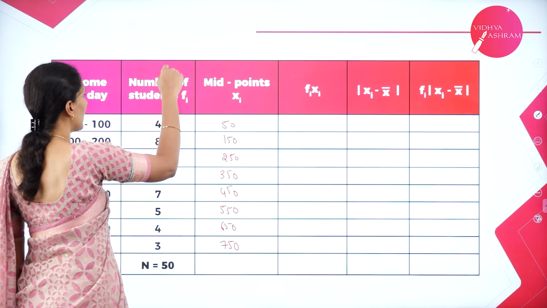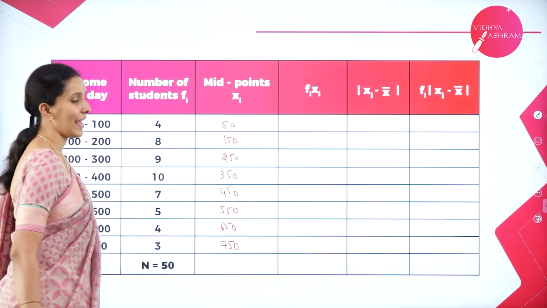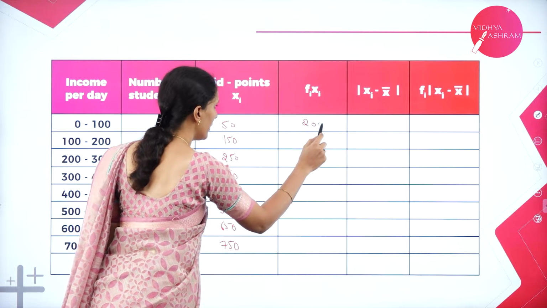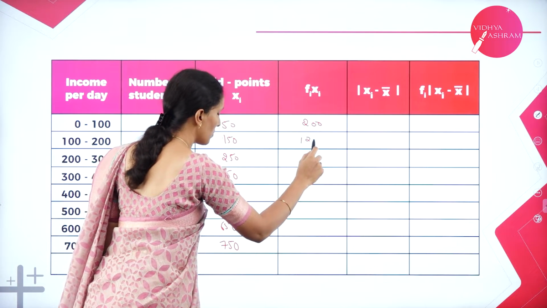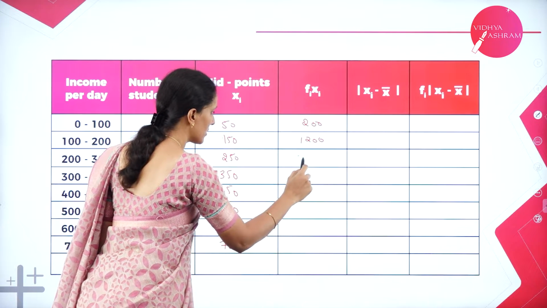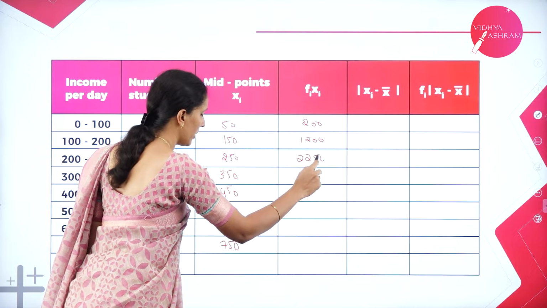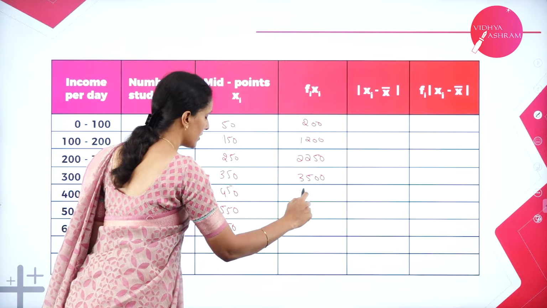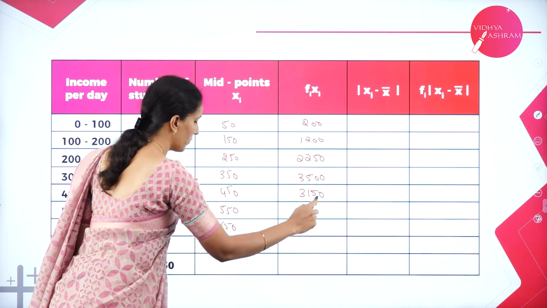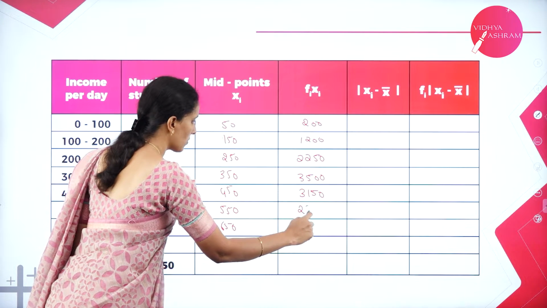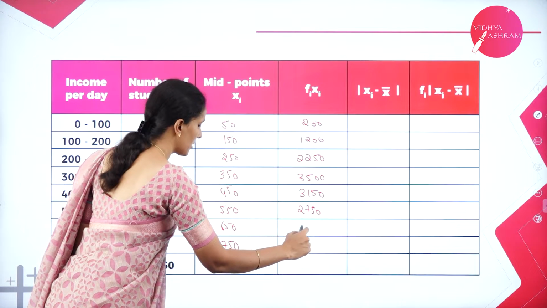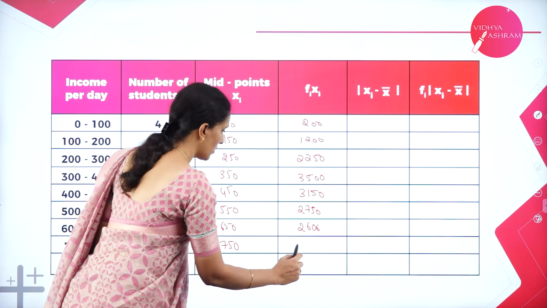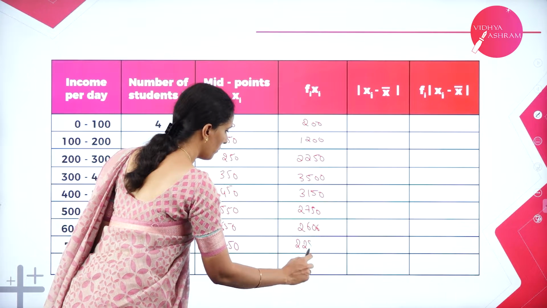Now let us multiply these two columns, fi into xi. When you multiply, it is 200. Again it is 1200. Next it is 2250. Next it is 3500. Next it is 3150, next 2750, next 2600, next we get 2250.